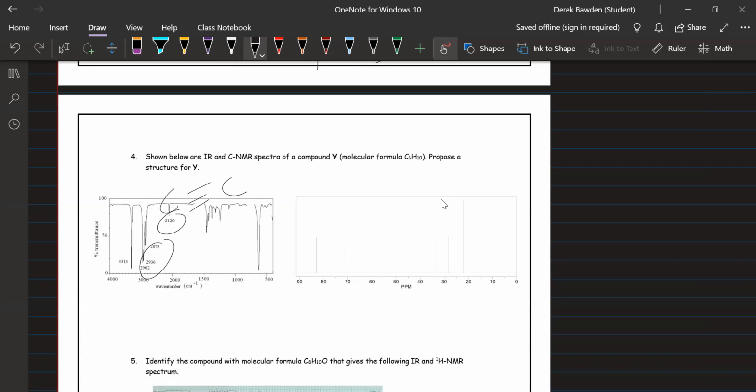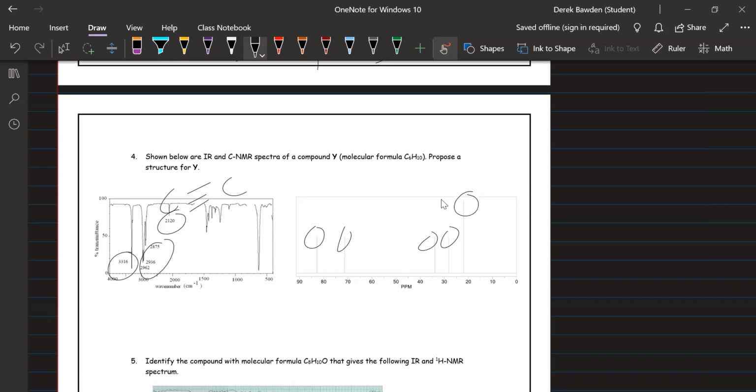These are our sp3 CH bonds. And then this is our sp CH bond. Okay. Then the CNMR, we know that there's 5 signals.